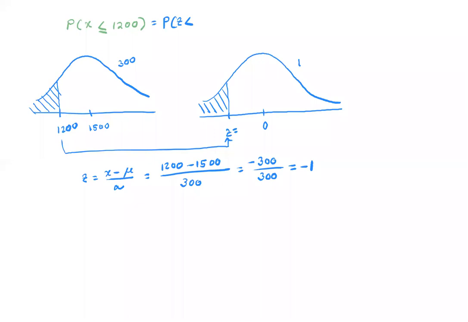So that's the same as the probability of z less than -1.